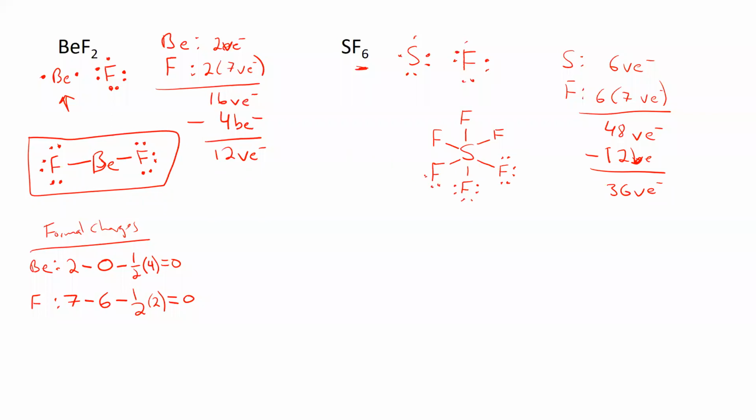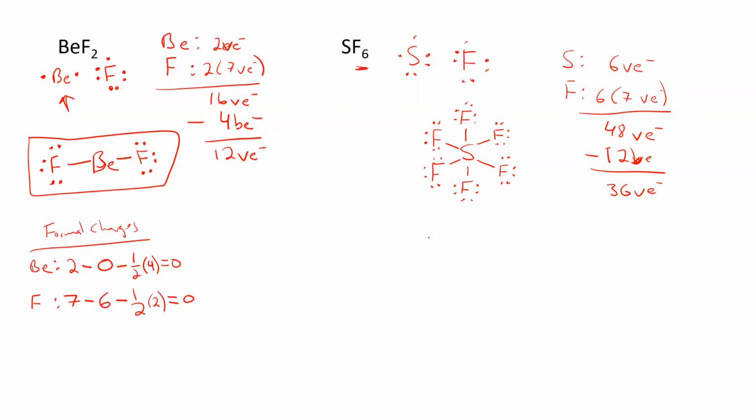Next fluorine, 6 more: there's 18 of the 36 electrons used up. Next, 24 of the electrons used up. Next, 30 of the electrons used up and 6 to go. And the last one. We've now placed all of our electrons, okay?